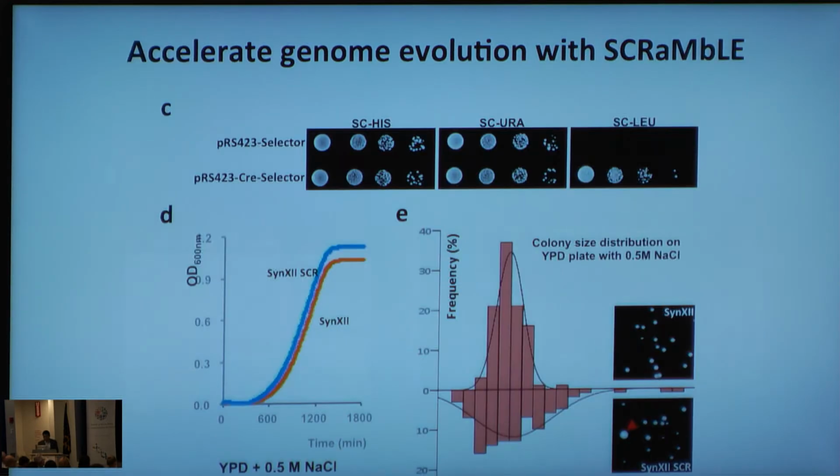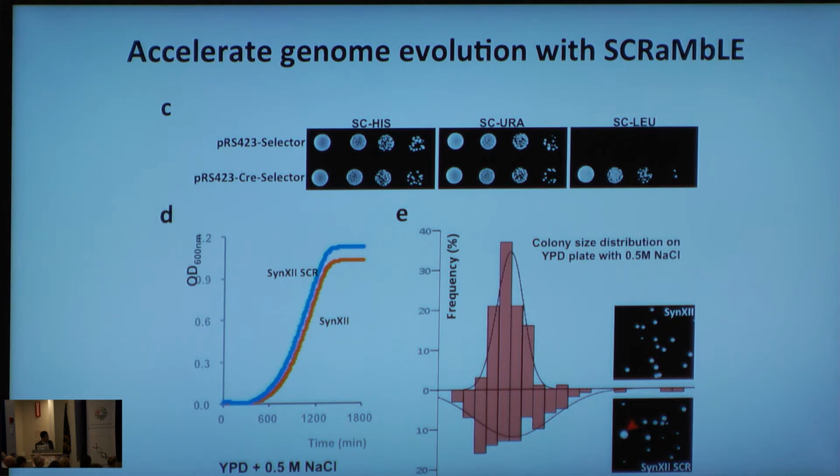We can also use the SCRaMbLE system in combination with the rescue selection system to look for populations which are able to evolve faster than the original strains. This is just one example. We put the rescue system into a strain, and in that strain there will be leaky expression of Cre.